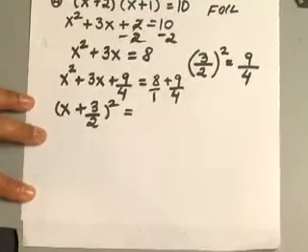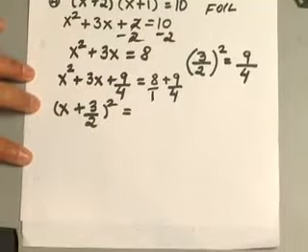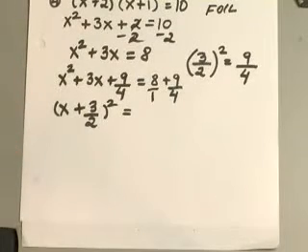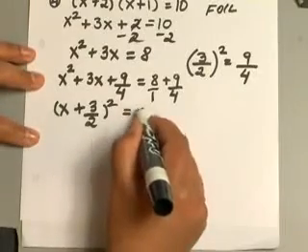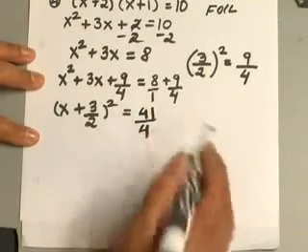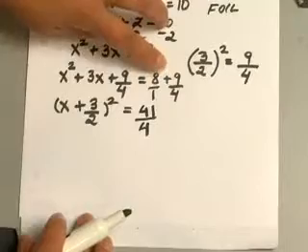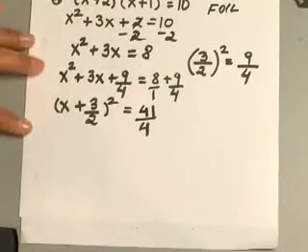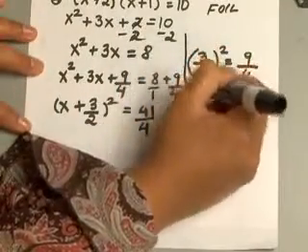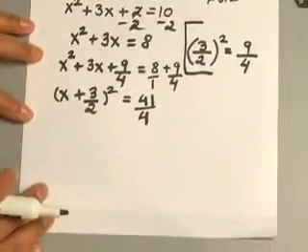And of course you want to go ahead and add the right hand side, so you will have to find a common denominator, which would be 4. So go ahead and add those two terms and you will end up with 41 over 4 as the sum of this side.